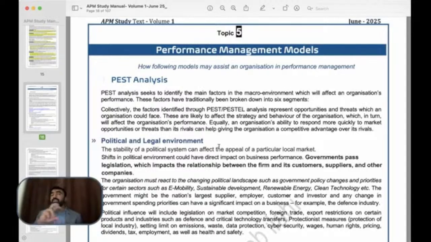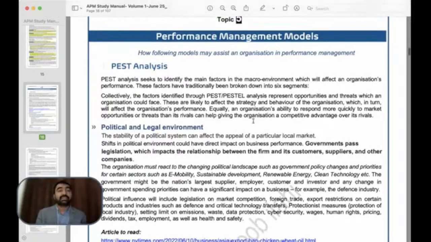So this style of question has been tested in the past paper, and in the future you can expect something on similar ground. Okay, so I hope you have understood a little bit about how these models are tested. So let's move on and discuss the PEST analysis.